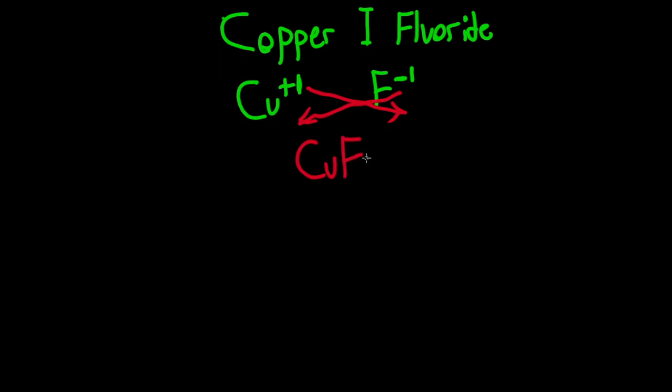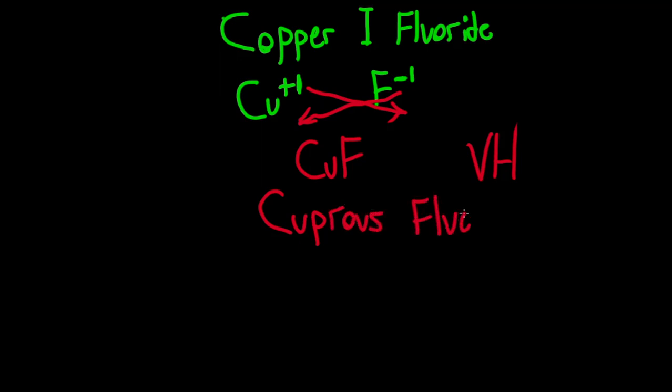Because it's not one of the NCHP binary salts, it's just going to have variable hazards. Another name that I can give this, the old school name for it, is cuprous fluoride, which you can find on your tables. Copper 1 fluoride and cuprous fluoride are the same thing.